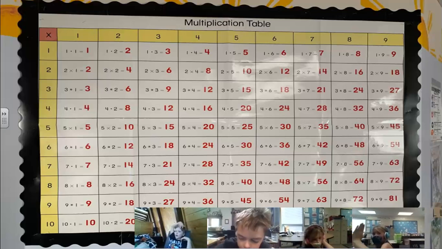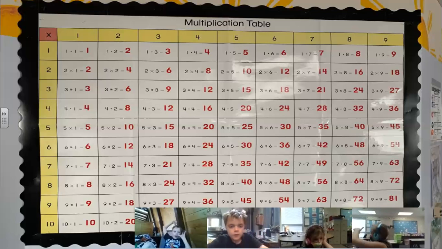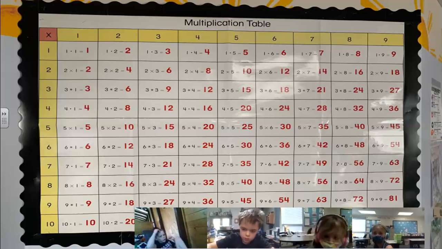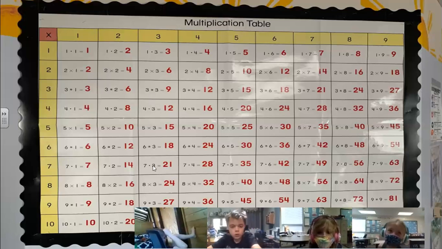How do you know? So 4, 8, 12, 16. What do you get, Charlie?